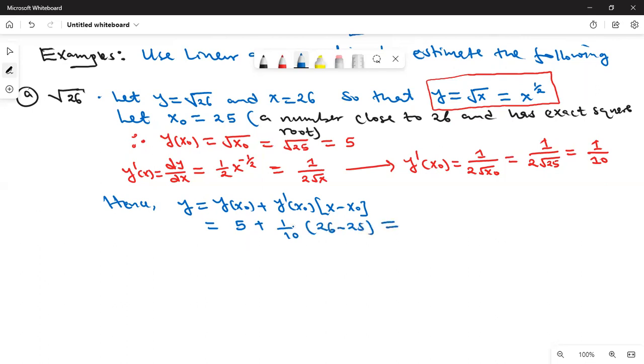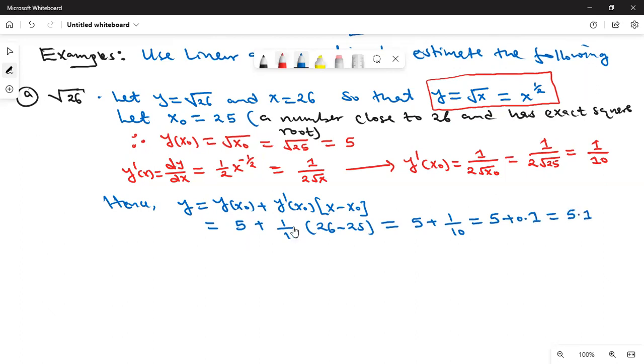So this you can write as 5 plus 1 over 10, which is 5 plus 0.1, and so the result here is 5.1.